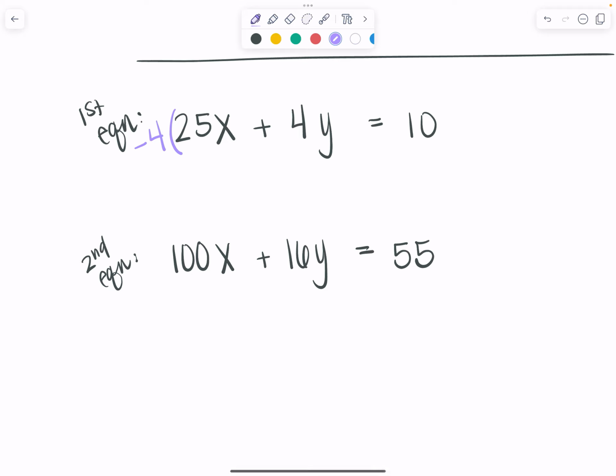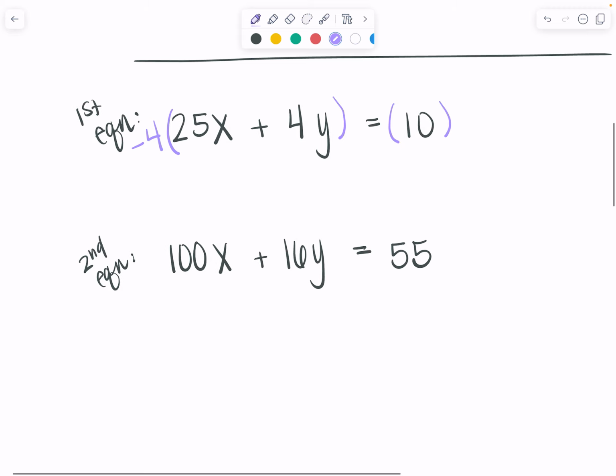Just think ahead: if I multiply -4 times 25, that will give me -100x, which would then cancel out with the 100x. But I can't just multiply one term; I have to multiply all the terms by -4, both sides by the same number.